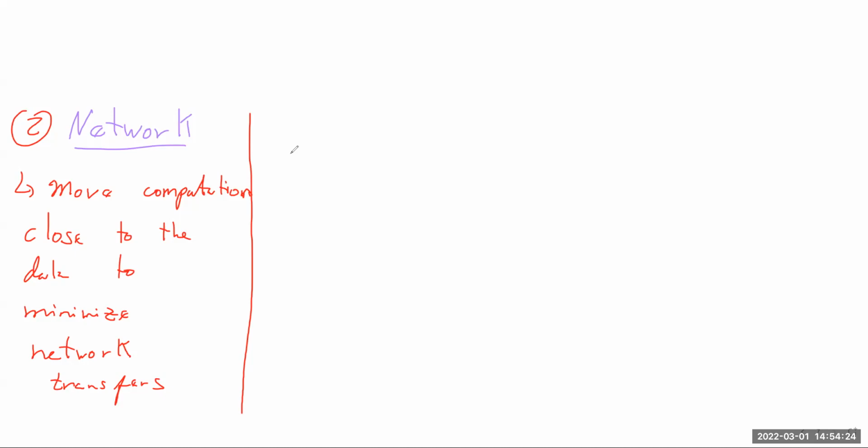Do the computing there and then only send back the aggregation. Got it? So that's basically the idea. You move computation close to the data to minimize data movement. That's one key thing. Once you put the data in one piece of the HDFS, you do not want it to move.